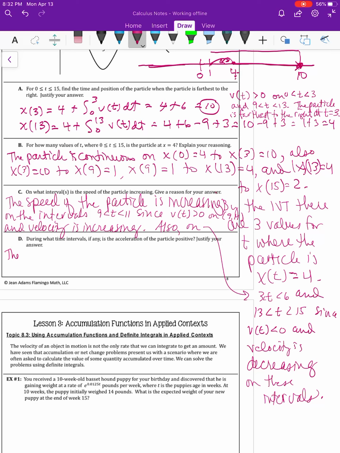Okay? All right, so during what time intervals, if any, is the acceleration of the particle positive? Justify your answer.